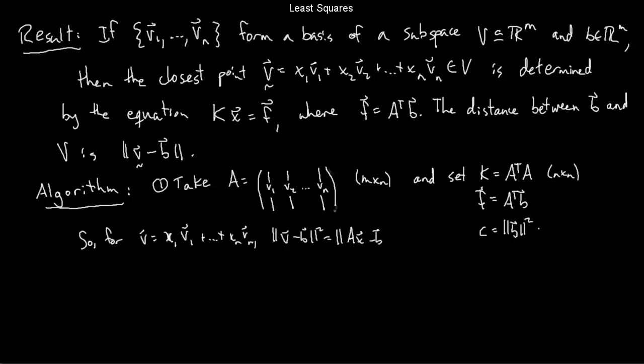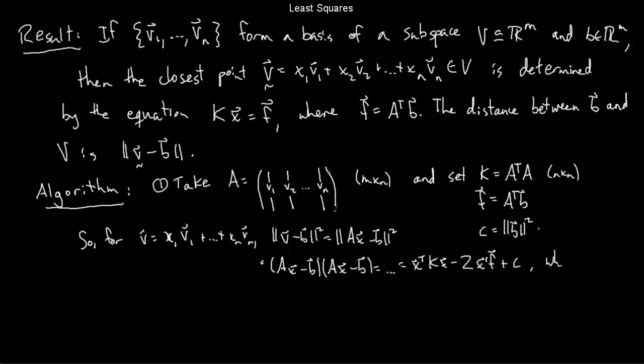So this is the norm of Ax minus b squared, and that's (Ax minus b) transpose times (Ax minus b), which, if you follow that through, is exactly the form that we wanted: x transpose kx minus 2 x transpose f plus c, where c is that number norm b squared.